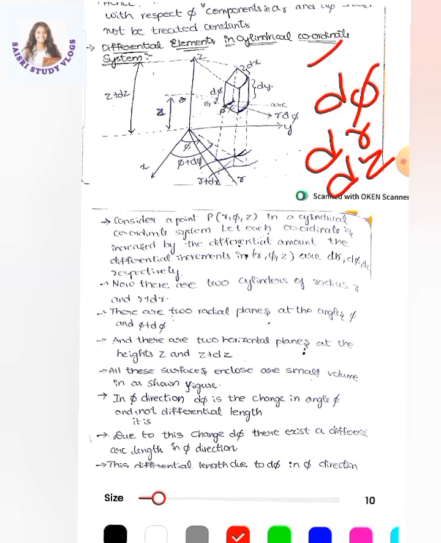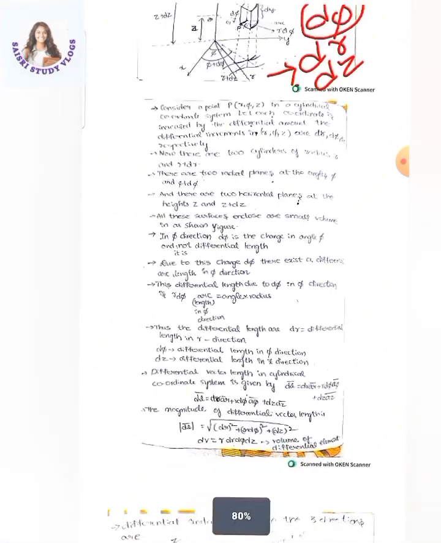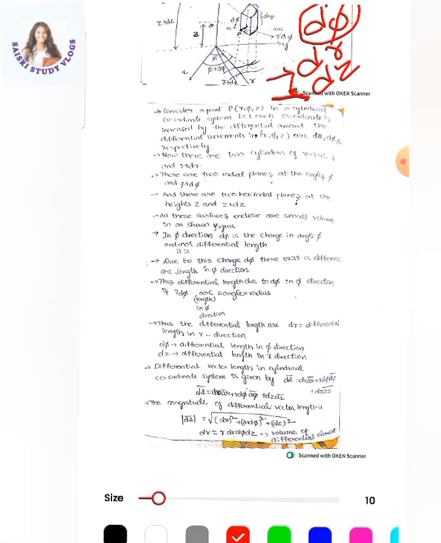The difference between the Cartesian and cylindrical coordinate systems is d phi, which has another unit, angles. So we have to convert d phi into a length, like dr and dz. Whatever units we take for dr and dz, the same units we have to take for d phi.